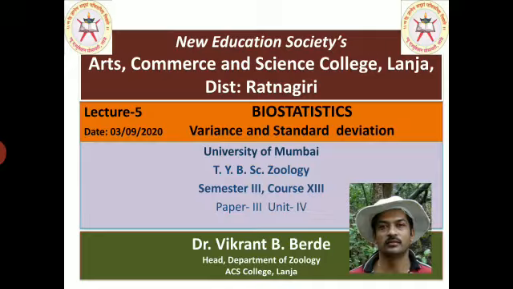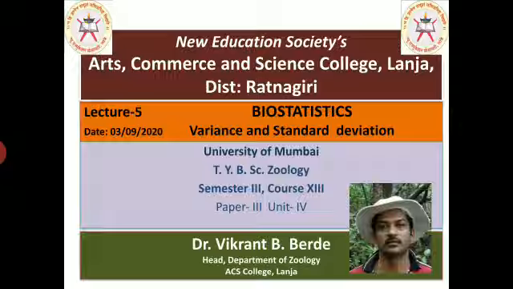Okay, basically, all these things are associated with the mean of any data. As we all know, standard deviation is basically the deviation or dispersal of values around the mean.